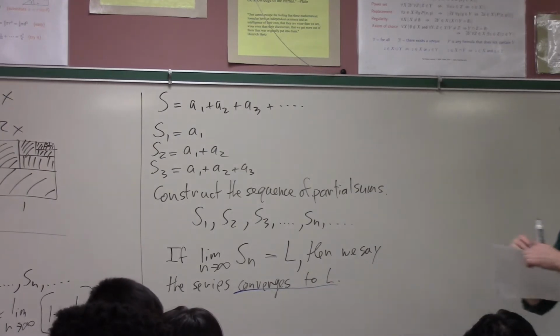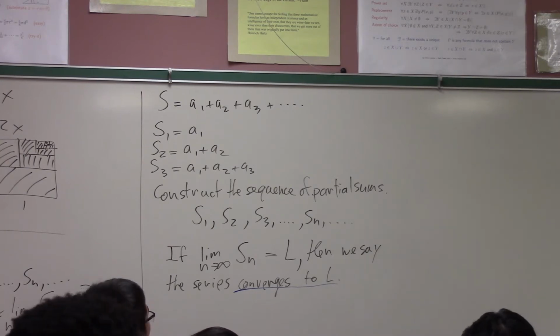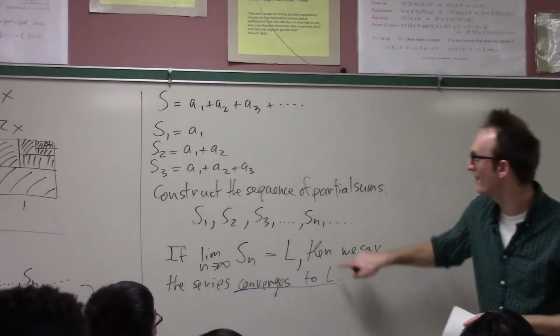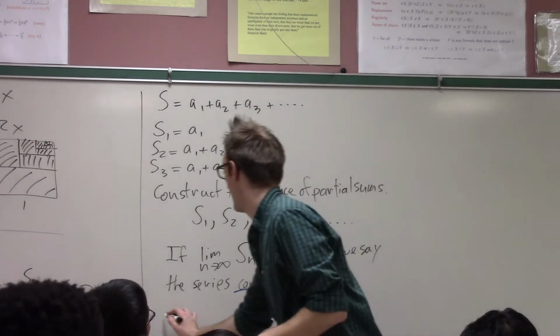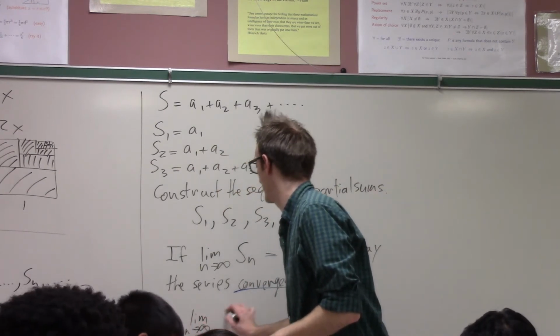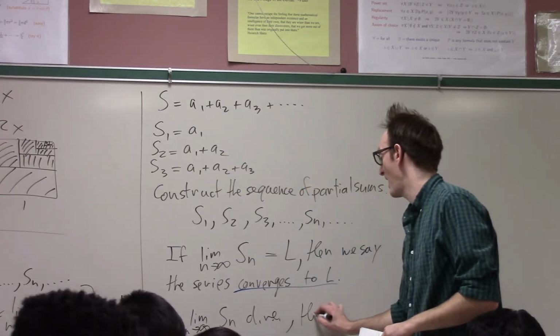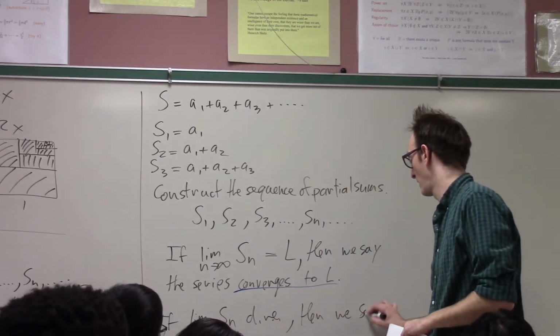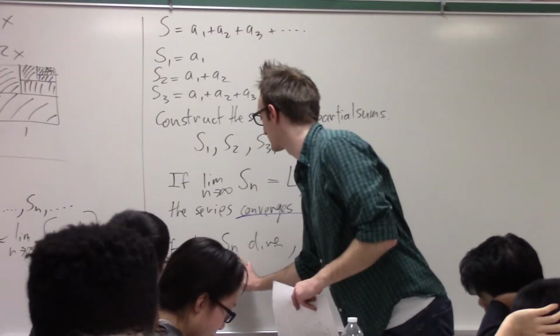A series converges if it basically exists, if it goes to a particular number. And we define that as the limit of this sequence, that this sequence has a limit. If, on the other hand, the limit as n goes to infinity of S of n does not exist, then we say the series diverges.